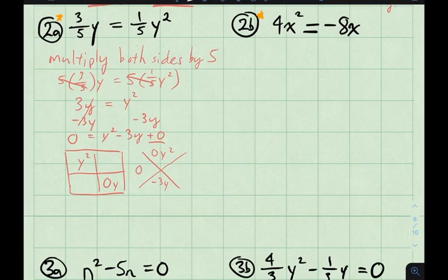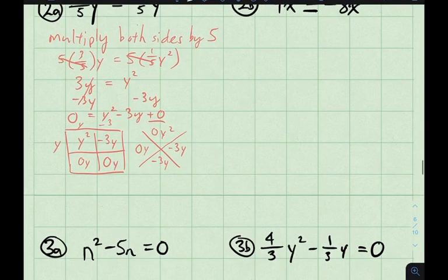So in order to multiply up to 0, that has to be like that. And if we needed to add up to 3y, it must look like this. And then you see that you get this stuff on the top. So in factored form, it looks like y times y minus 3 equals 0.